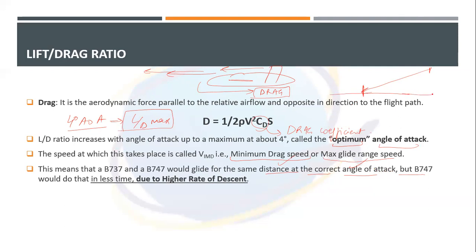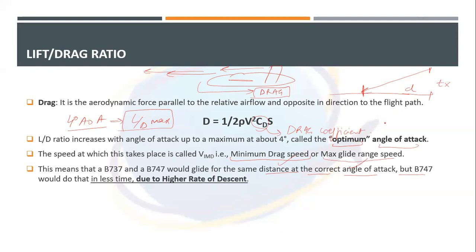The distance will be the same, but the time will be different. The Boeing 747, because it's heavy, will land sooner. Why is this? Because weight does not have any effect on the L by D ratio. You need to consider that fact.